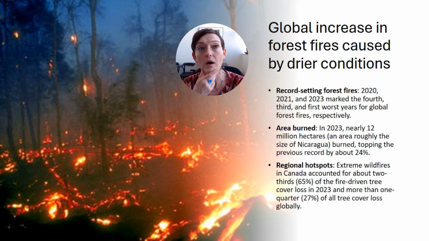Although you don't have to have too much drought to start to stress your plants out enough that they will actually be susceptible to fire in a way that they wouldn't have been naturally and normally. So we have seen this massive increase in forest fires around the globe because of drier conditions. And that adds this extra layer on top of drought that doesn't allow the sequestration of carbon by pulling it out of the atmosphere.